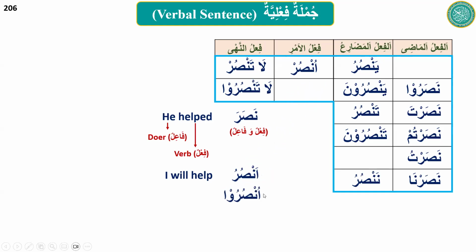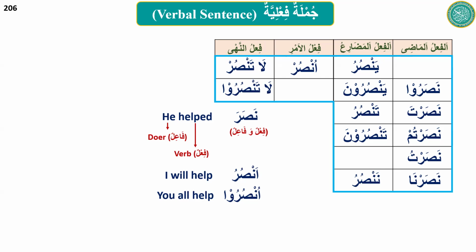Let's take another one. Unsuru. What's the meaning? You all help. Or you all should help. Or you all please help. All these meanings are here. Unsuru is a fi'l. Do you agree? Yes.